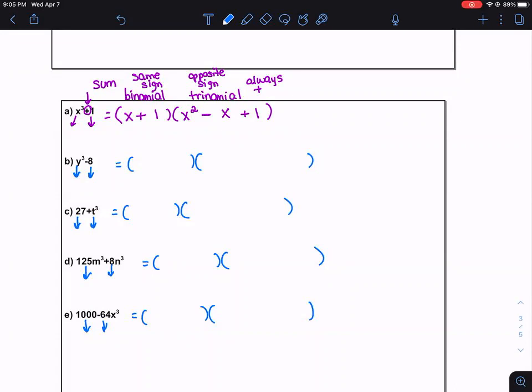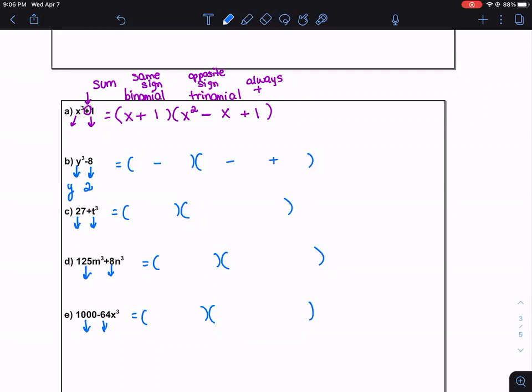Okay. All right, so obviously each one of these is going to be a difference or a sum of cubes, but again, we'll talk about why. So for B, it is a difference. They are not squares, but they are cubes. We start with minus, so minus, minus, then plus.